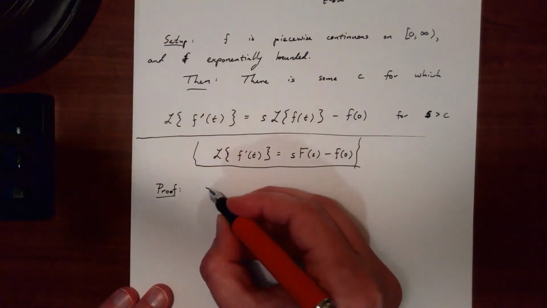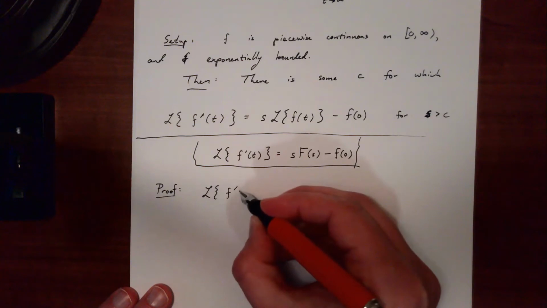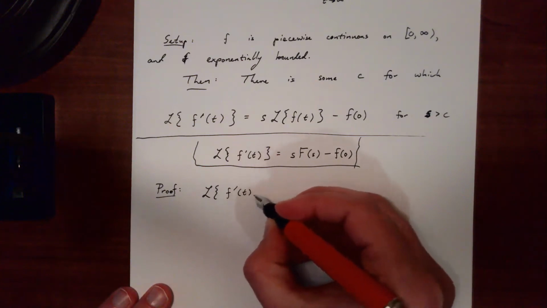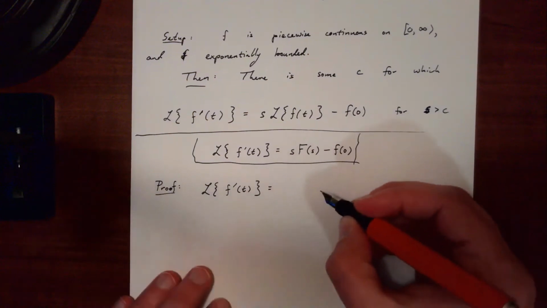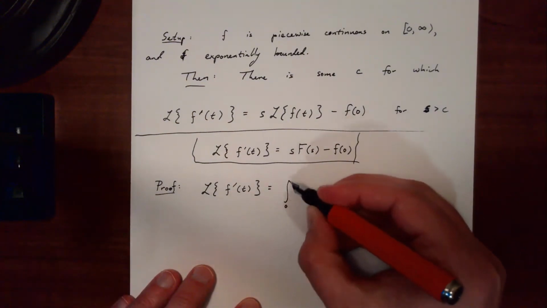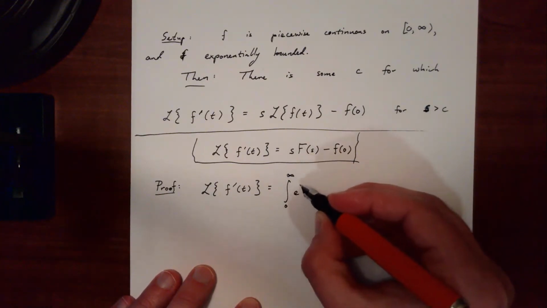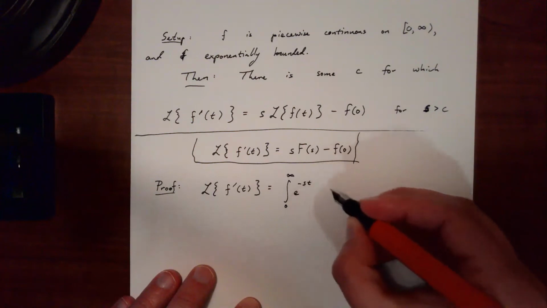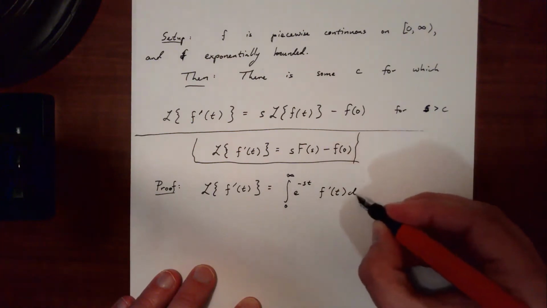We're trying to find the Laplace transform of the derivative of f. Okay, well, by definition, what does that equal? That equals the integral from 0 to infinity e to the negative st times f prime of t dt.